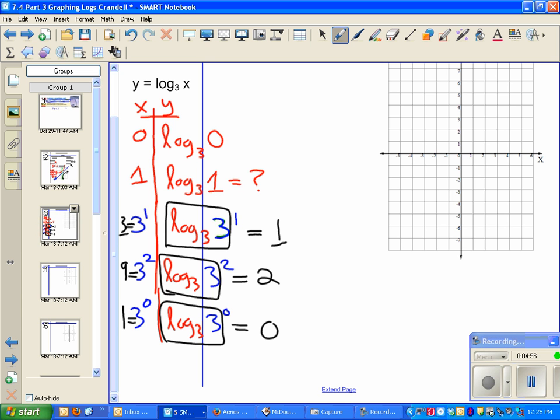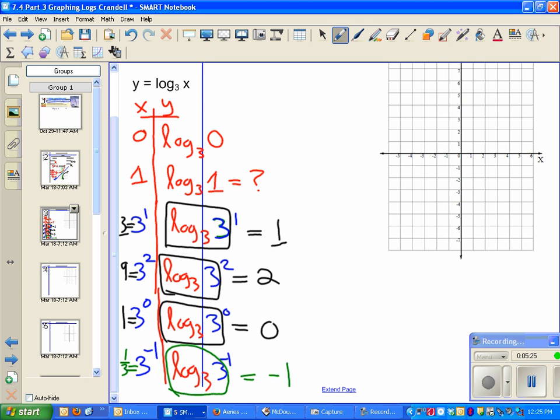We could also do one more, and then we'll actually graph it, I promise. All right, if we have 3 to the negative 1, that's our x value. So our function is log base 3, and our x value is going to be 3 to the negative 1. So on this side I get negative 1, and 3 to the negative 1 is going to be 1/3.